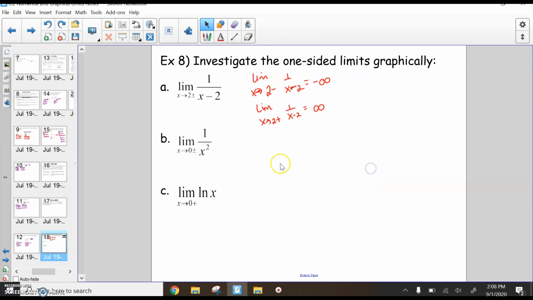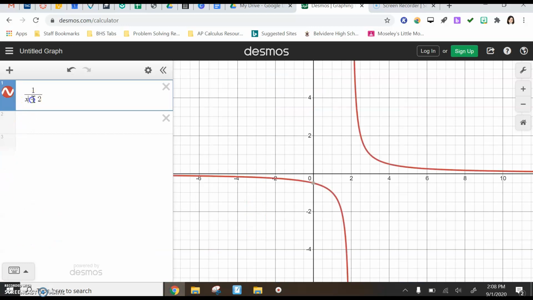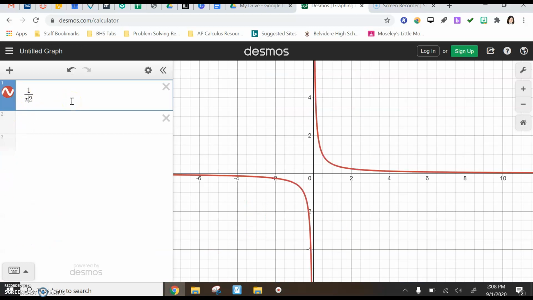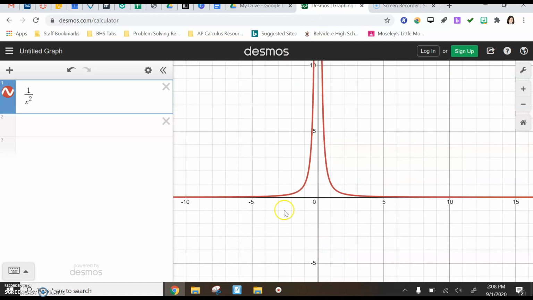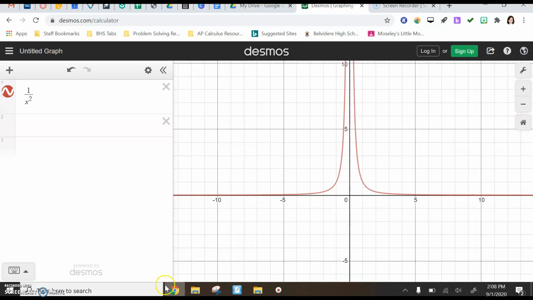So the next one then is 1 over x squared, and we're going to look at the left-hand and right-hand limit for that function at 0. Notice these are both increasing without bound instead of decreasing without bound.